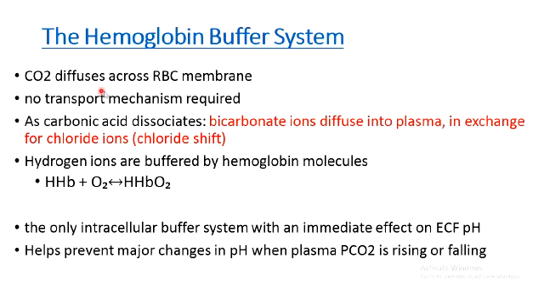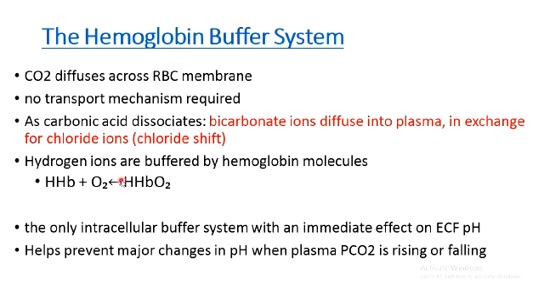This carbon dioxide diffuses across the cell membrane of the red blood cell, for which no transport mechanism is required. As carbonic acid dissociates, bicarbonate ions diffuse into the plasma in exchange for chloride ions, which is the chloride shift. Hydrogen ions are buffered by hemoglobin molecules.